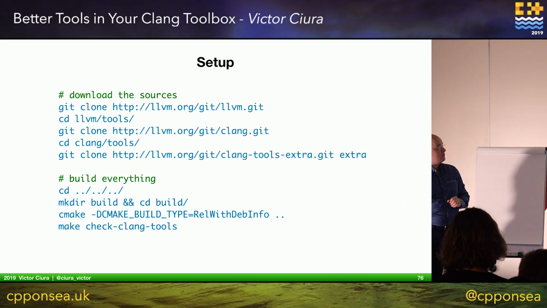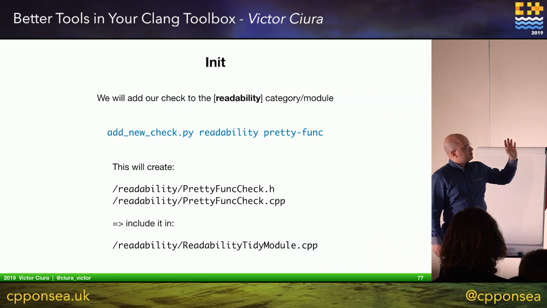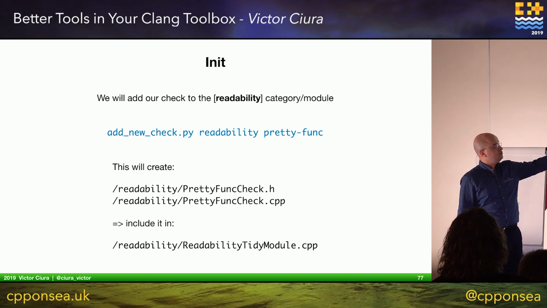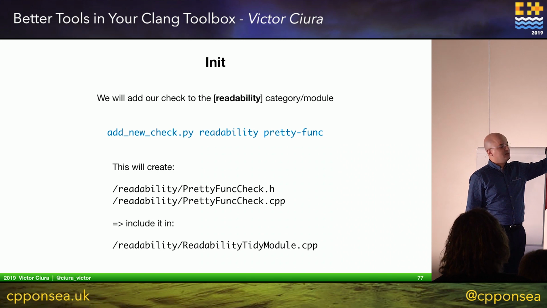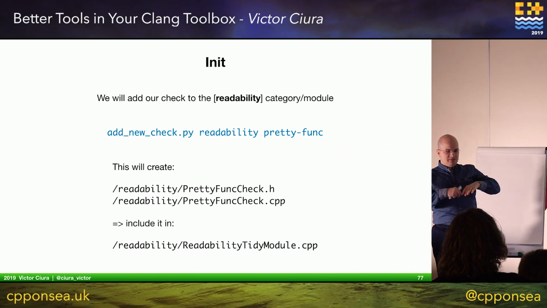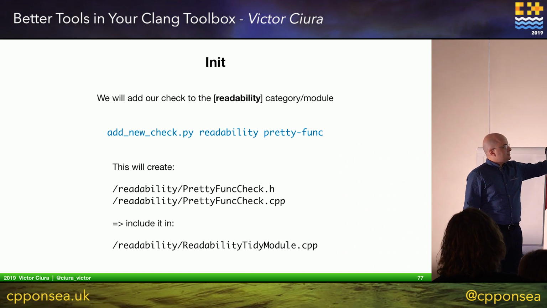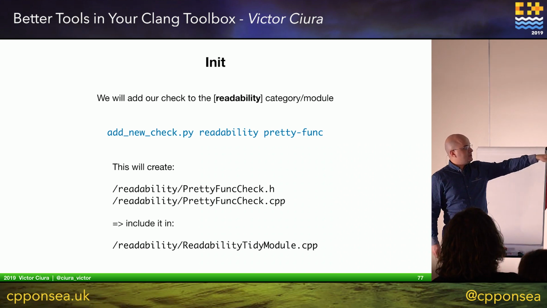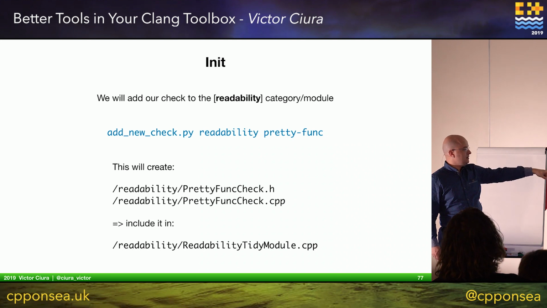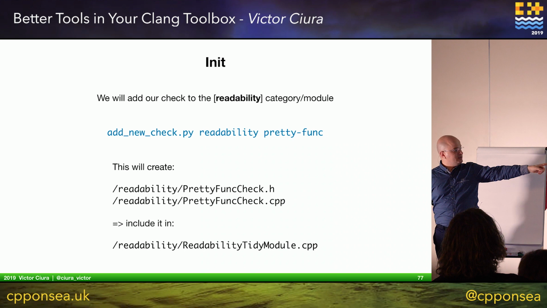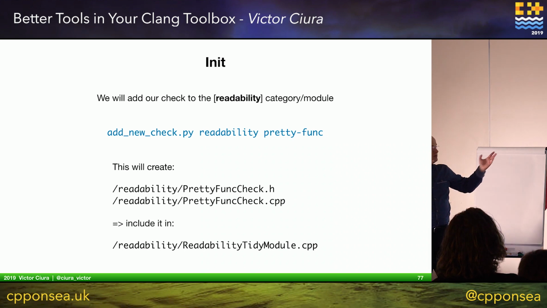It's fairly straightforward. And then you just run the Python script. For example, here I'm creating a new pretty func check in the readability module. Tidy checks are organized in modules. So basically this will generate for me a pretty func check header and source file, and it will enable it in the readability module by creating a readability tidy module entry for this new check.